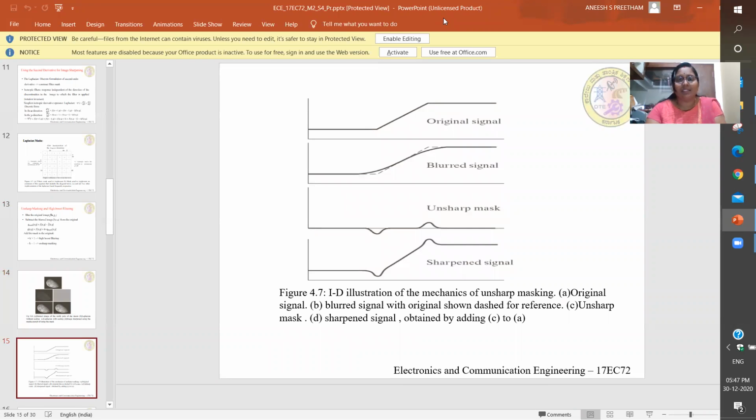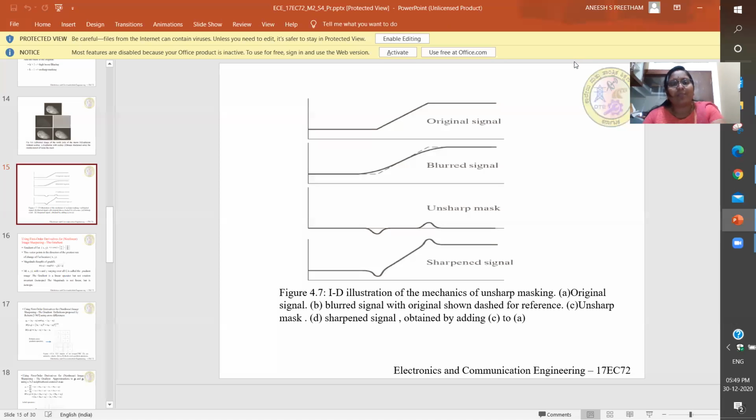Now, let us see. So, this particular figure explains how unsharp masking works. The intensity profile in figure A can be interpreted as a horizontal scan line through a vertical scan that transitions from dark to light region in an image.